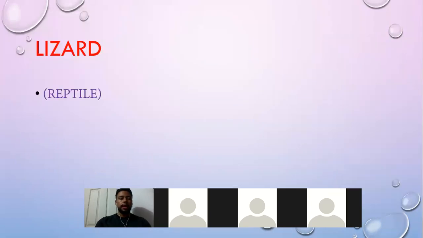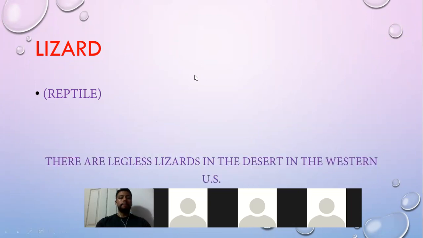Lizard. This is the animal. This is a reptile. Different type of animals. I will give you an example. There are legless lizards in the desert in the western US, or United States.